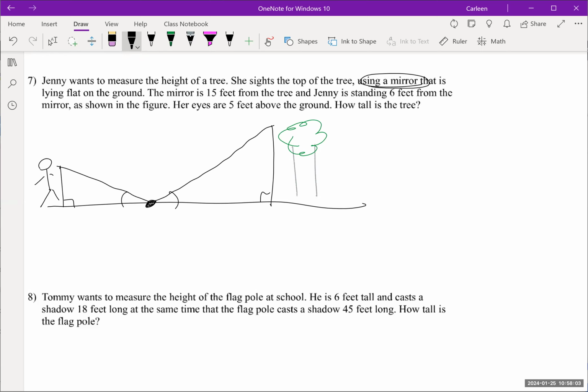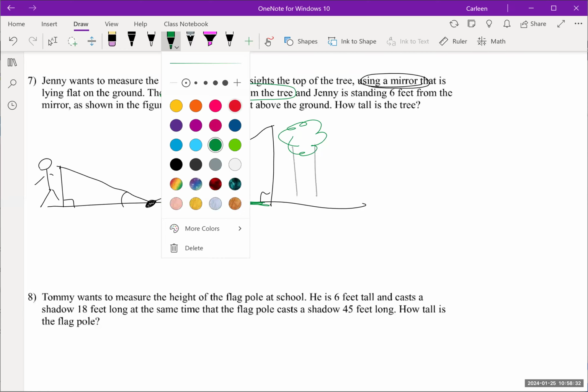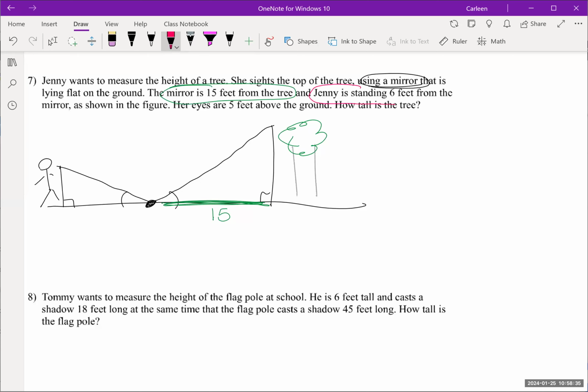Now, can anyone tell me this distance right here, the distance from the mirror to the base of the tree? All right, so that's 15. Jenny is standing 6 feet from the mirror.